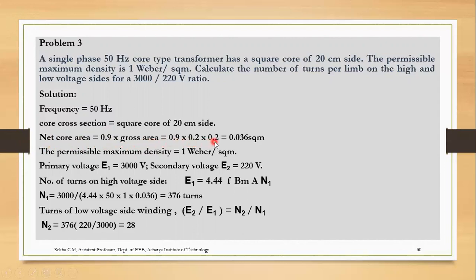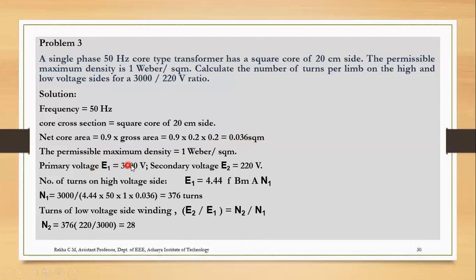Length into length. So 0.9 into 0.2 into 0.2. Why have I written 0.2? Because the centimeter is converted into meter. So 20 into 10 to the power of minus 2 is 0.2. So we get 0.9 into 0.2 into 0.2, that is 0.036 square meter.